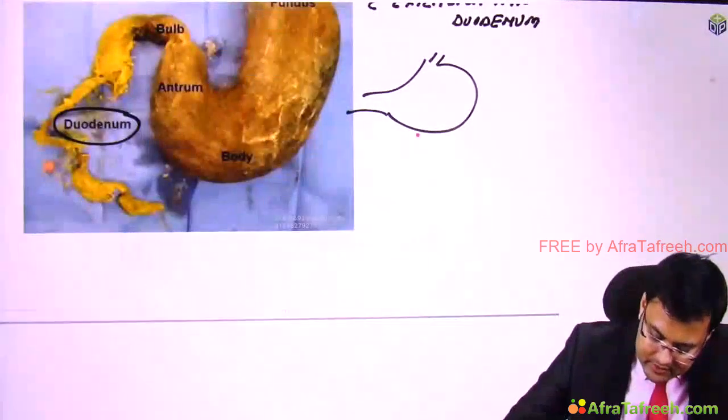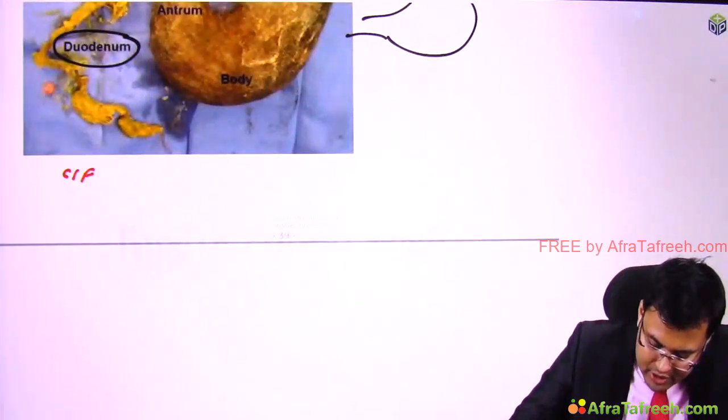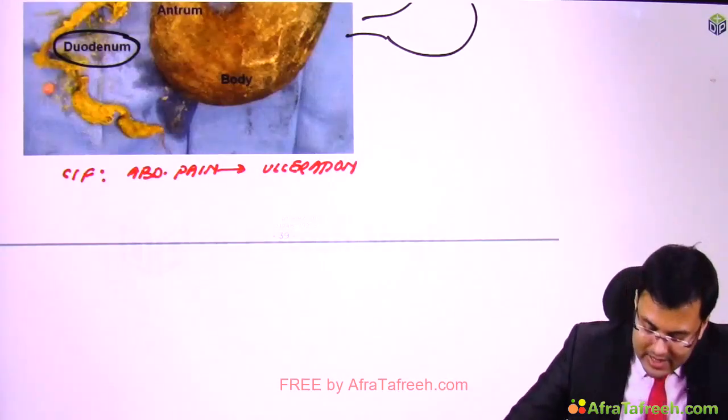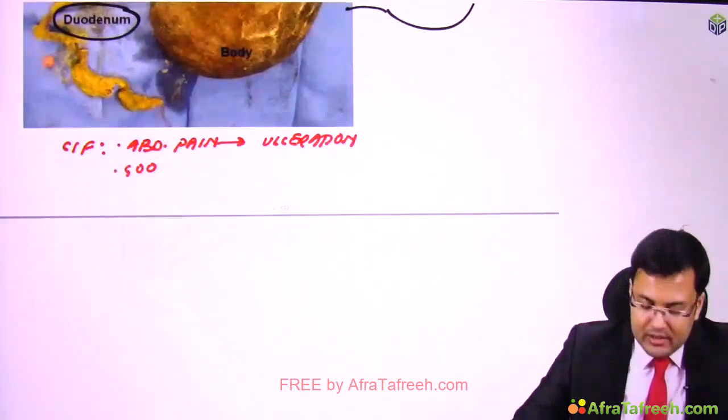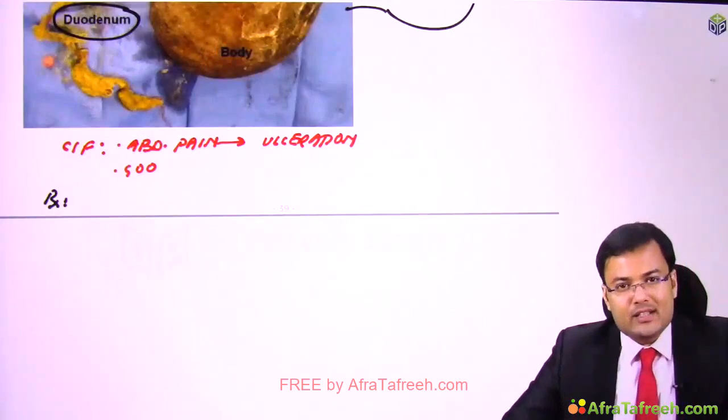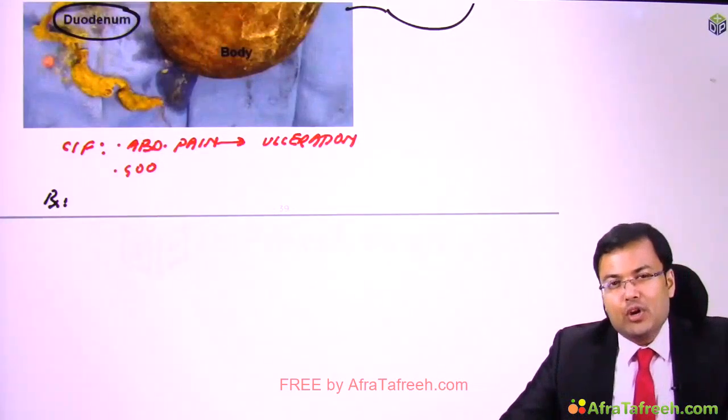So see the clinical features. In this case, there is abdominal pain. And what's the cause of this abdominal pain? It's ulceration caused by hair ball. And second, the patients are having gastric outlet obstruction. How we are going to treat? Most of the patients require surgery because it leads to obstruction.